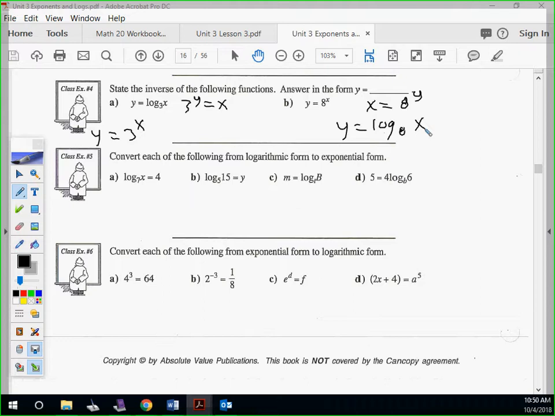Convert each of the following, sorry, complete the logs to exponential form. This one right here should be clockwork in my mind. You should just be like, okay, 7 to the 4th equals x, 5 to the y equals 15, t to the m equals b. Yeah, so this one I divide the 4 over.